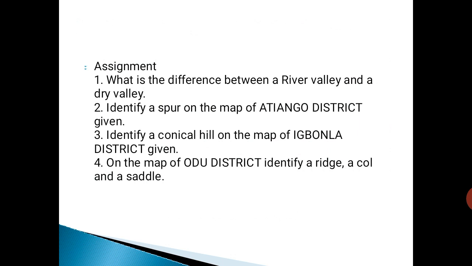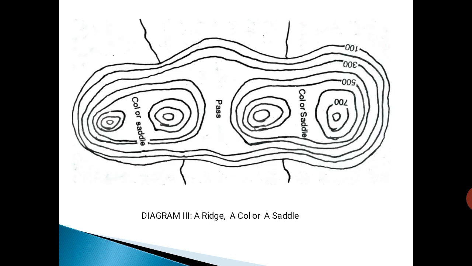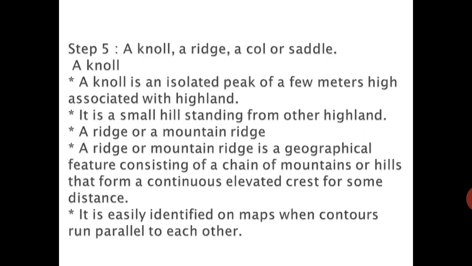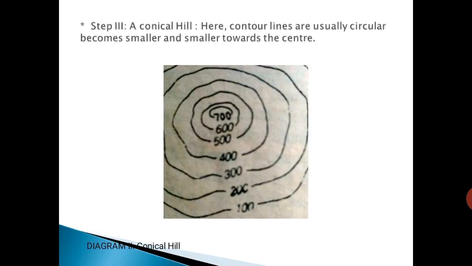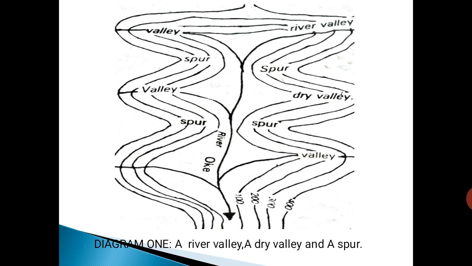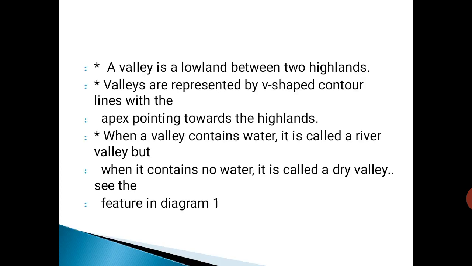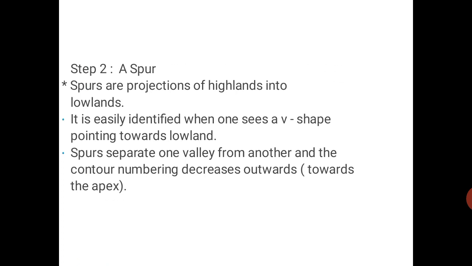In summary, therefore, we have been able to identify the difference between a valley, a dry valley, and a river valley. And we've been able to talk about a spur.